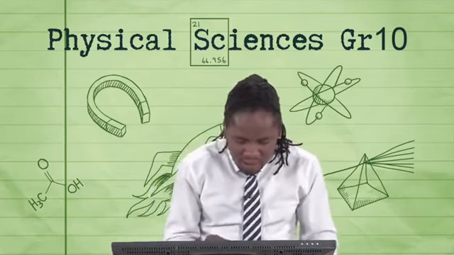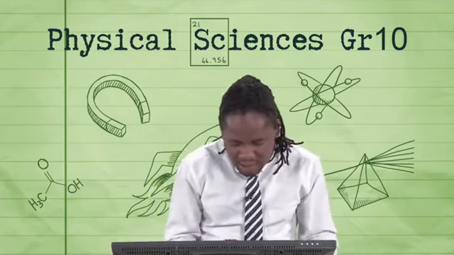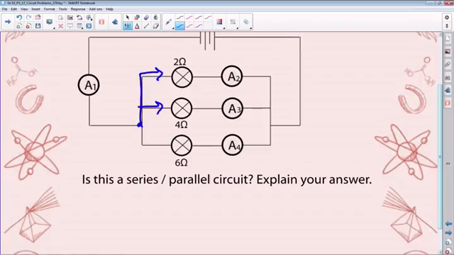When current reaches this part, some of the current goes to that, some goes to that one, some goes to that. So current is divided. Because current is divided, this is a parallel circuit. There is more than one path for current to flow.